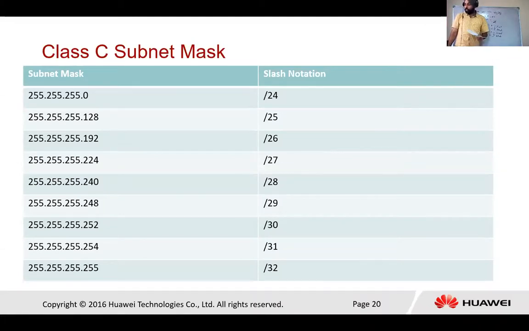Okay. So now I'm going to give you one exercise: 150.100.15.160/18.